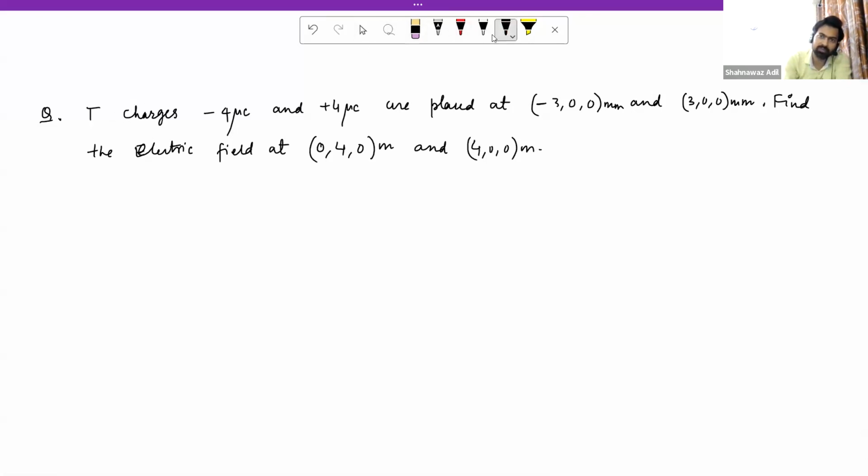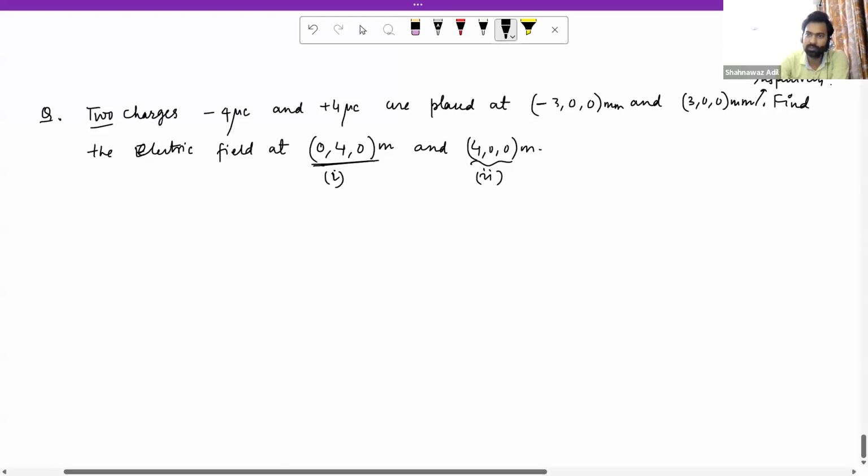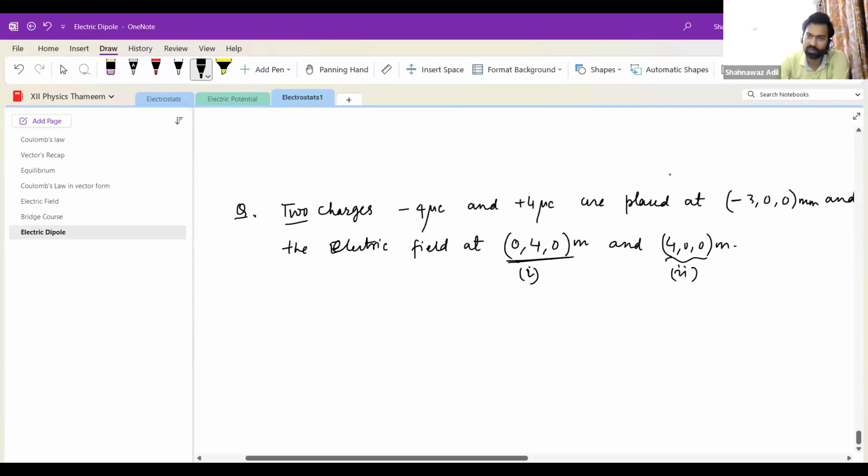Okay, so if you have understood the question, please find out the electric field at this position. So let's say this is one part and this is second part. So please try this one.